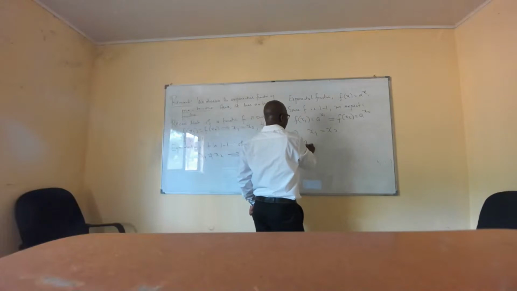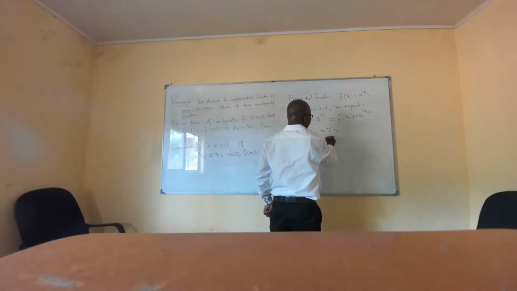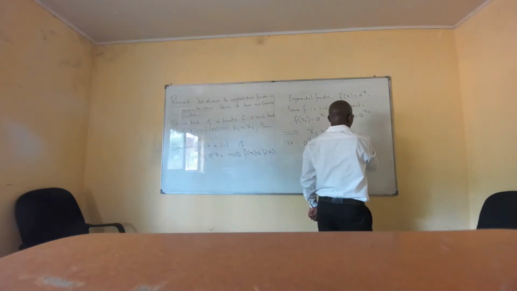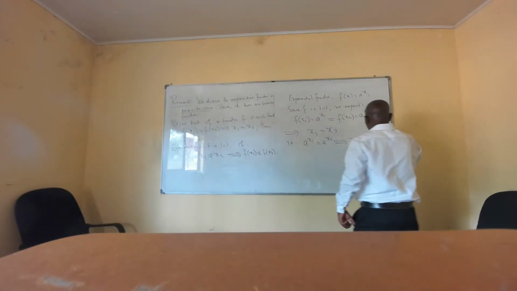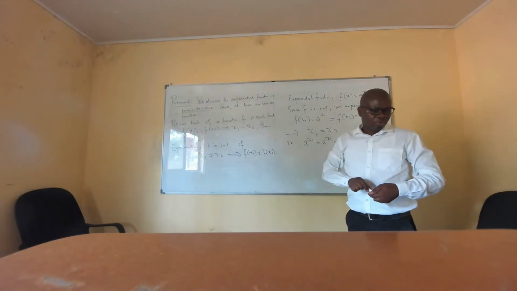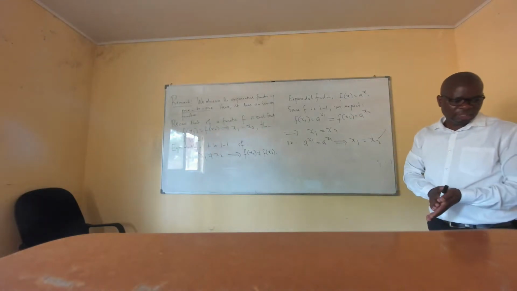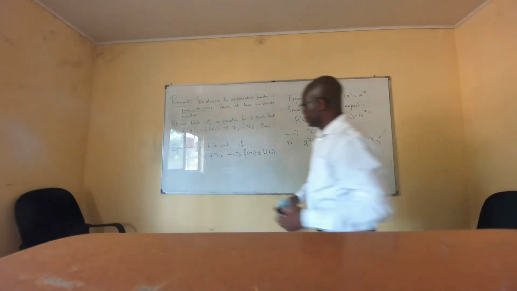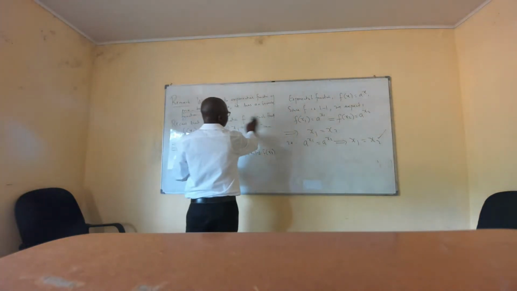That is, a to the power x1 equals a to the power x2 implies x1 equals x2. So we are going to use this property to solve equations involving exponential functions. Example.